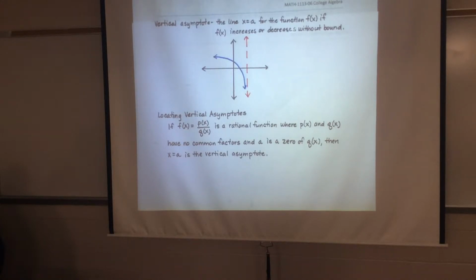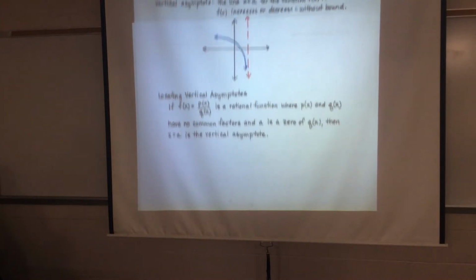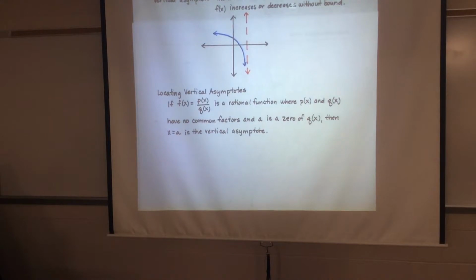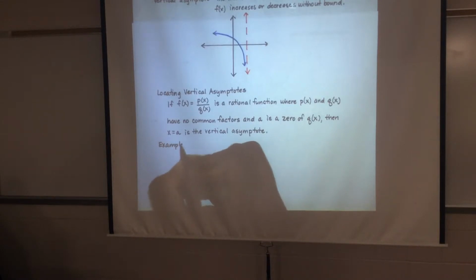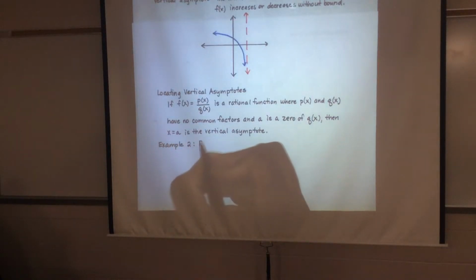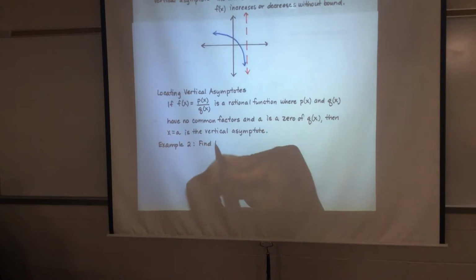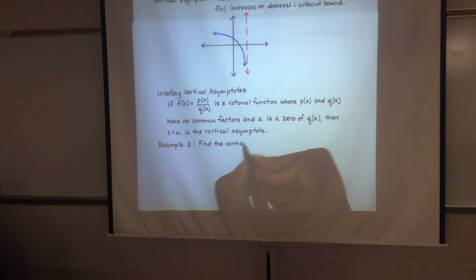Then find out what your vertical asymptote will be by setting your denominator equal to 0. And then you'll know what they are. Okay, so in these few examples, under example 2, we're going to find the vertical asymptote.